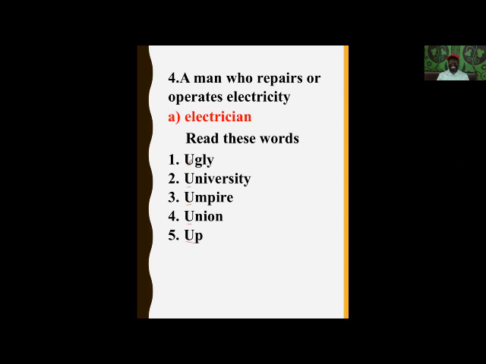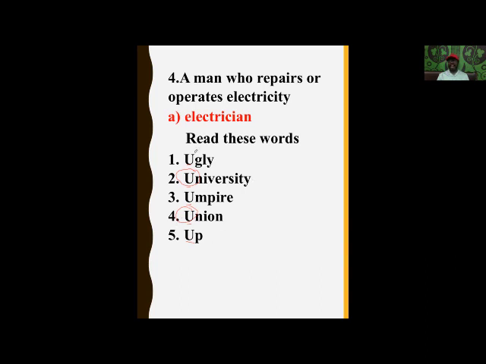Number 1, ugly. Number 2, university. Number 3, umpire. Number 4, union. Number 5, up. I want you to see the sound of this is the same as this. Number 2, university. Number 4, union.